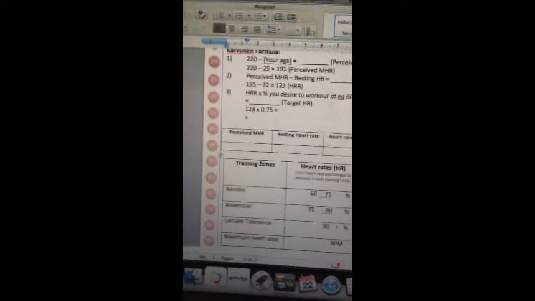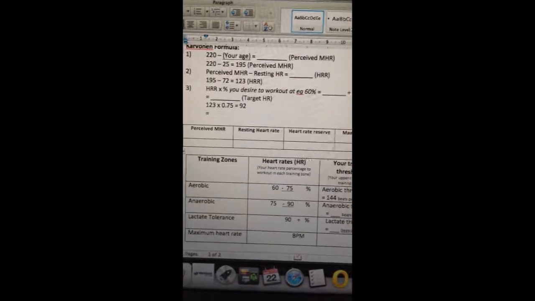So 75% in decimals is 0.75. So I'm going to times 123 times 0.75 and I will get 92.25. Now I'm going to round that down just to 92 because, as I said, you can't really count your heart rate in decimals, so it's going to be 92.